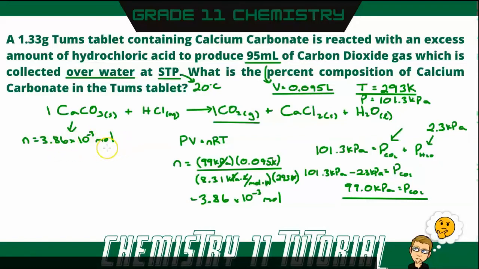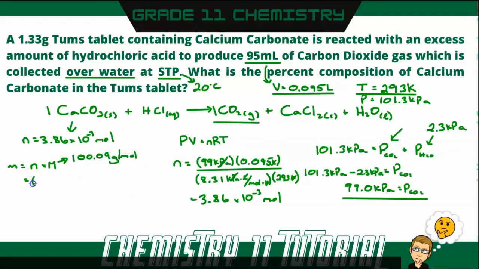Knowing the moles of calcium carbonate, we can figure out the mass of calcium carbonate, where the mass will be the number of moles times our molar mass. And that you're going to have to check on your periodic table, which is actually 100.09 grams per mole.